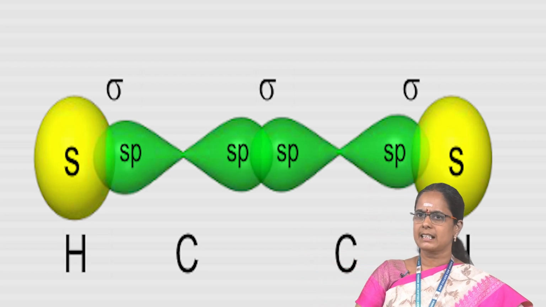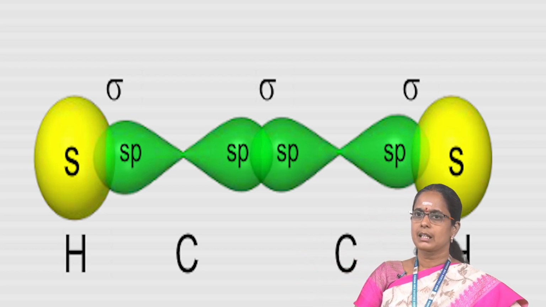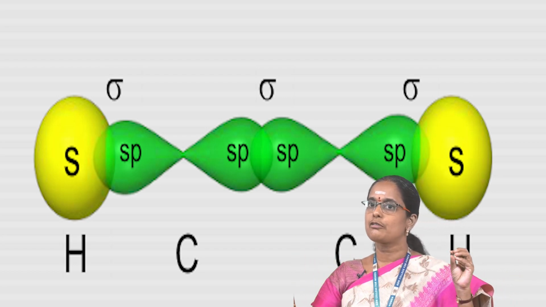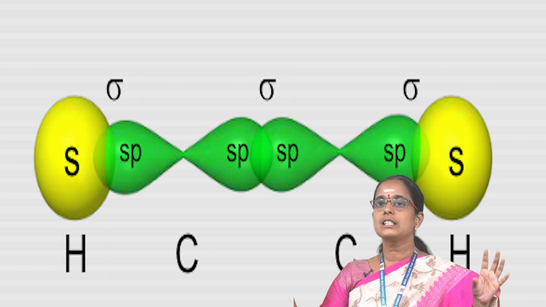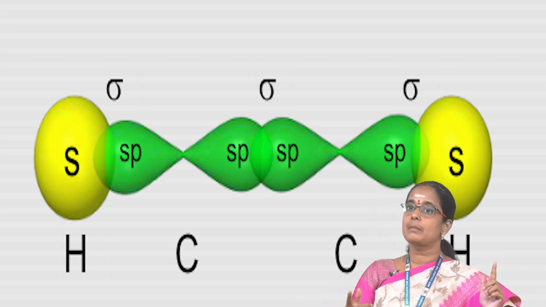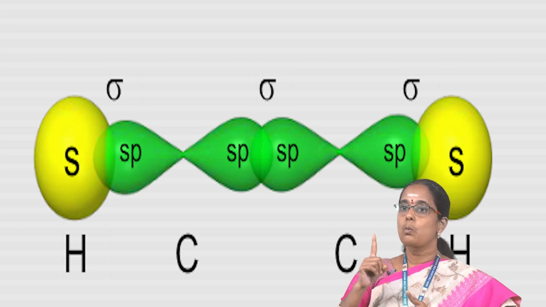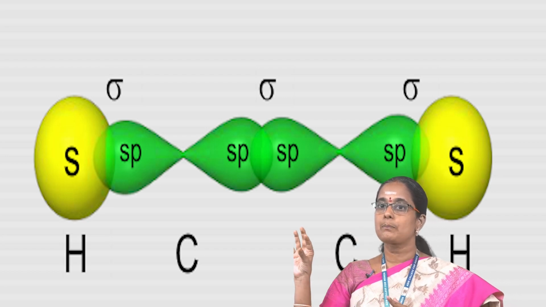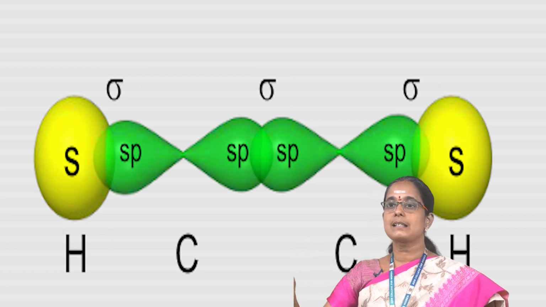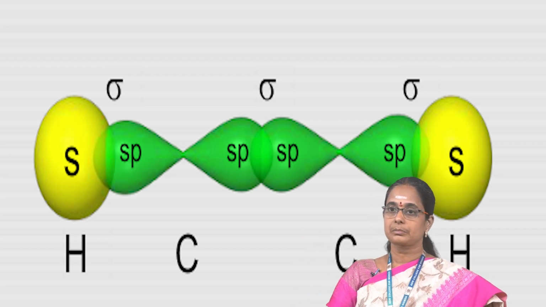So, what are the characteristics? The number of hybridized orbitals is equal to the number of pure atomic orbitals which mix up. Second, a hybrid orbital can have only 2 electrons, like a pure atomic orbital. The 2 electrons must have opposite spin.